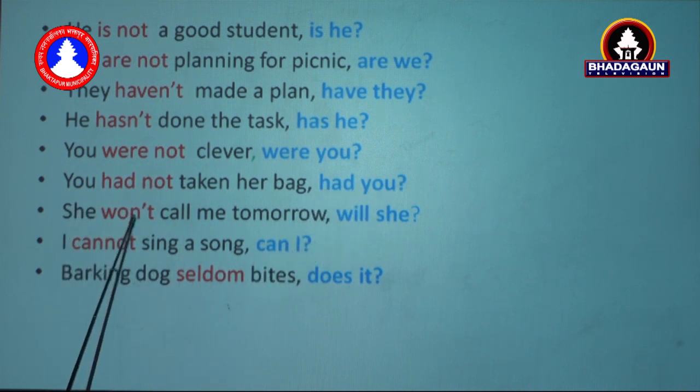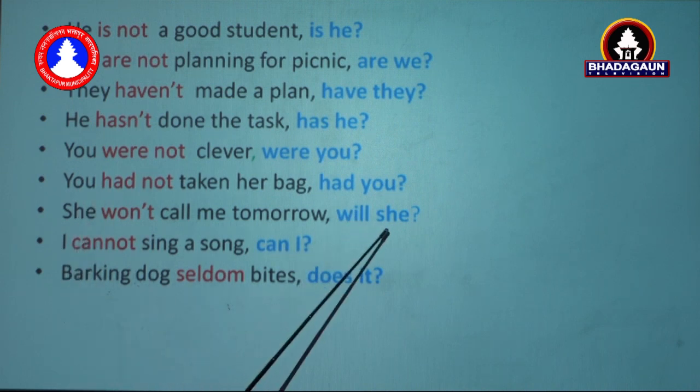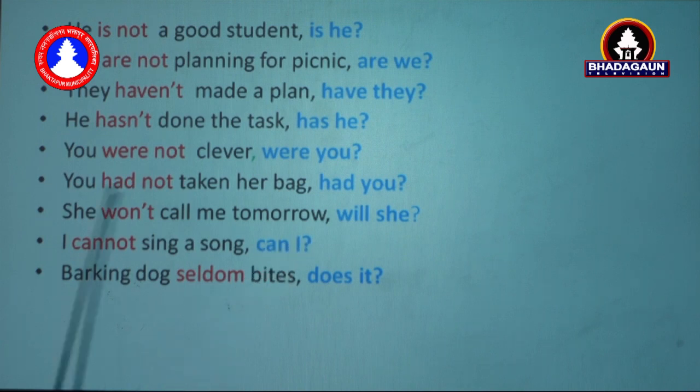See, won't is the contraction form of will not. So will is the auxiliary verb. Cannot: can is the auxiliary verb, I is the pronoun.